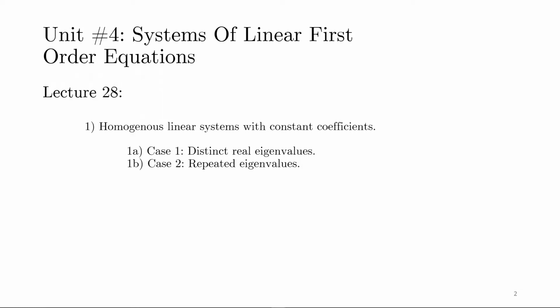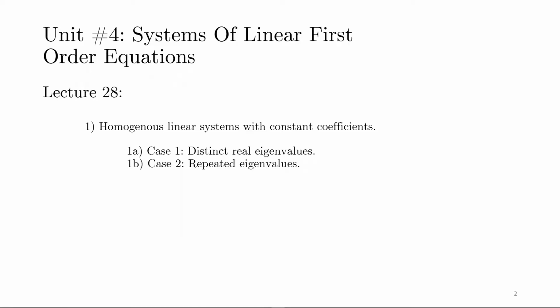So basically, in lecture 27, we introduced the fact that the general solution to the non-homogeneous system of equations was the sum of a complementary part and a particular solution, in the same way as we learned in Unit 2 for the scalar case.